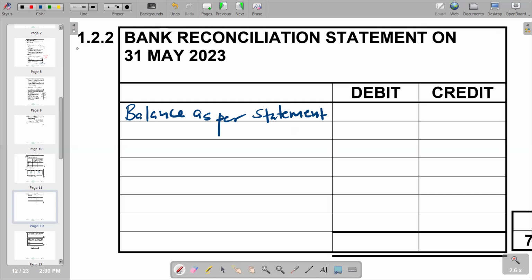Here it's a question mark, so we don't know whether it's going to be a debit or credit balance. We can leave it blank, then we'll come back to it as a balancing figure.